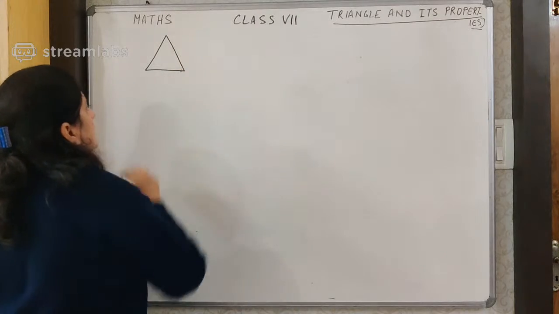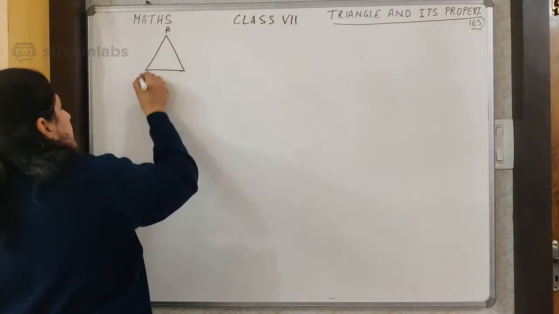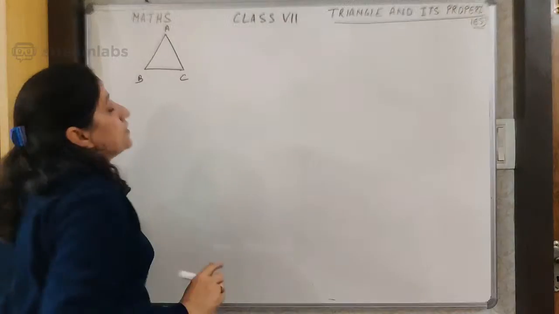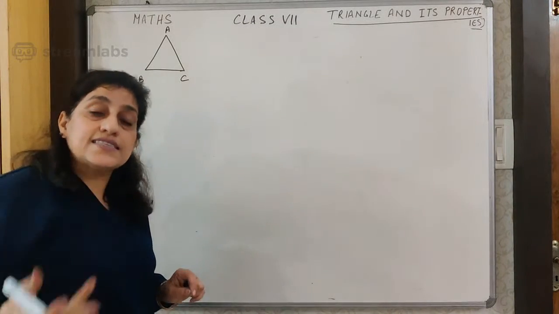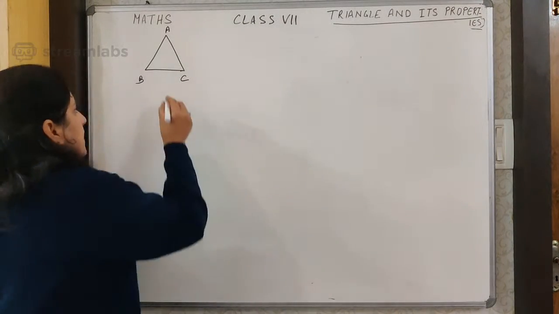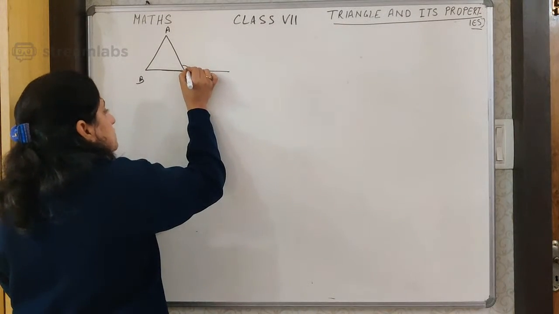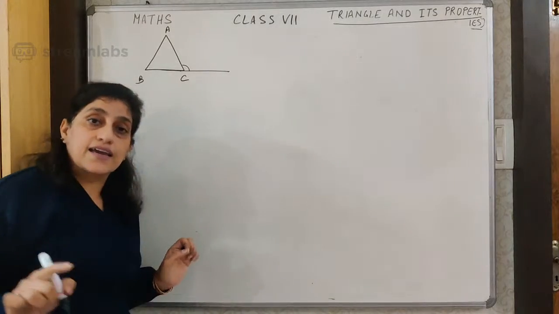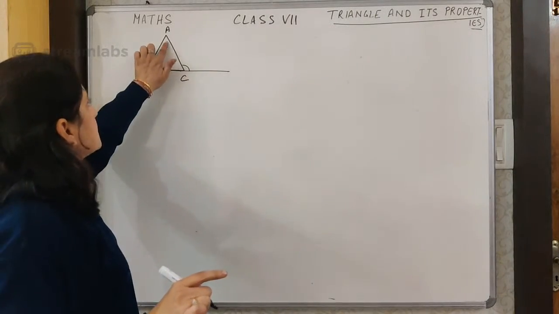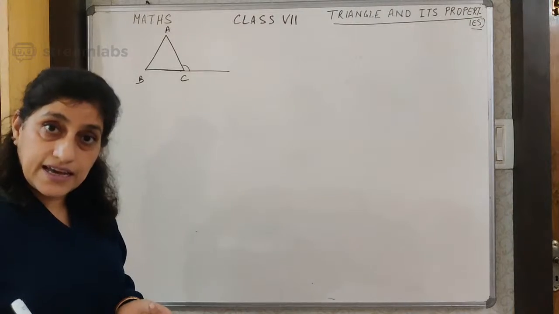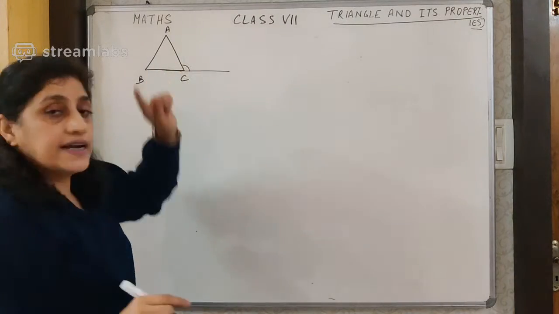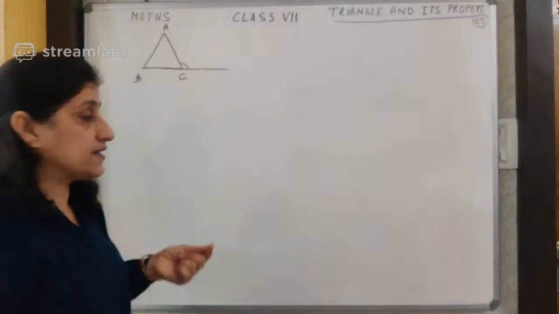this is the triangle and I name it A, B, C. Then if I produce any side, if I extend any side, suppose I am producing BC, then this becomes the exterior angle C. The angles inside the triangle are the interior angles. The angles outside the triangle are the exterior angles.